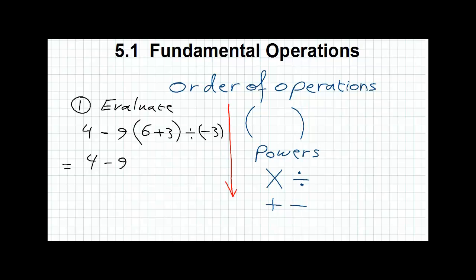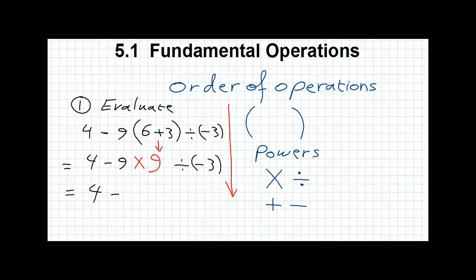So we can write here 9. It is multiplied by 9, and then complete our expression, which is divided by negative 3. Now we have subtraction, multiplication, division operations. The priority is for multiplication and division before subtracting. So we will write 4 as it is, and this is the subtraction sign.